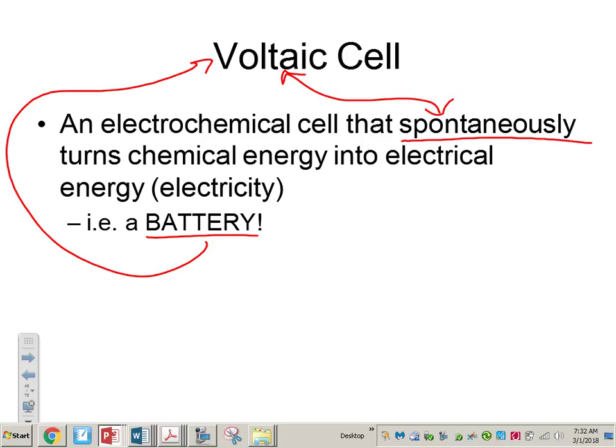You plug your battery into something, you put it into a device, and suddenly the device works, and it has electricity that it can use to do things. So a battery contains a voltaic cell. Again, we want to have this direction: we're turning chemical energy into electricity. Let's take the redox reaction and generate electricity from it, rather than the other way around, which is going to be our non-spontaneous ones.